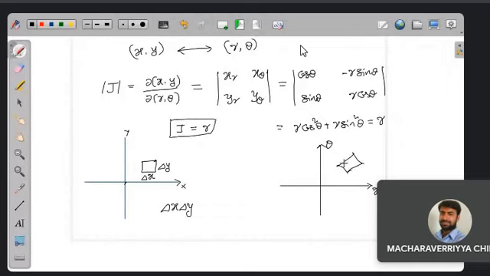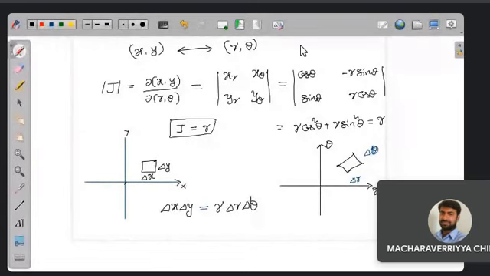This may be the image of this guy. Now the question is, if I express it in terms of delta r and delta theta, how to express it? From the earlier calculation, we can write this as the Jacobian into delta r into delta theta.